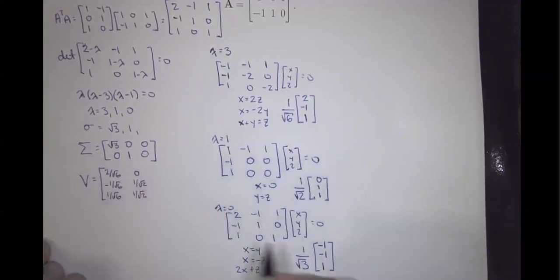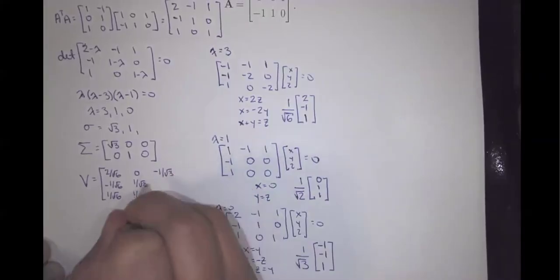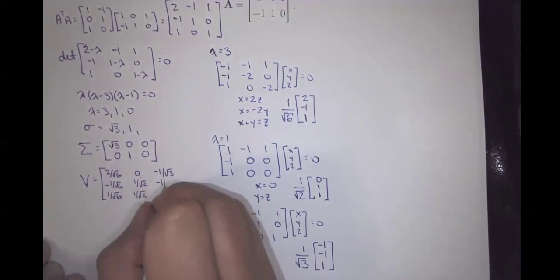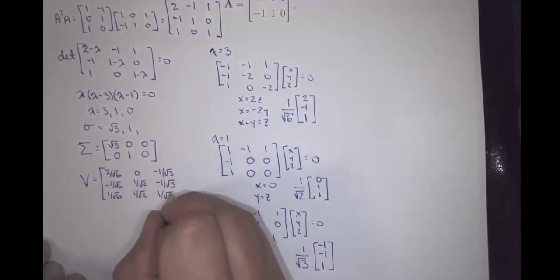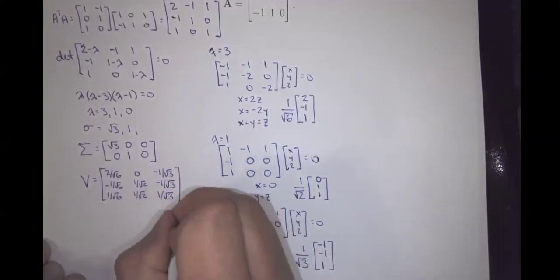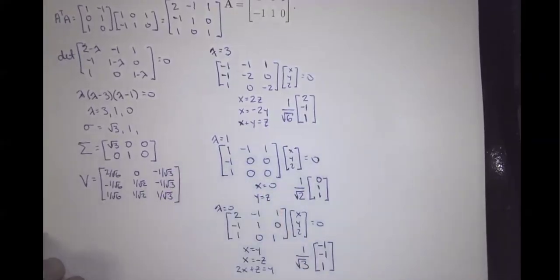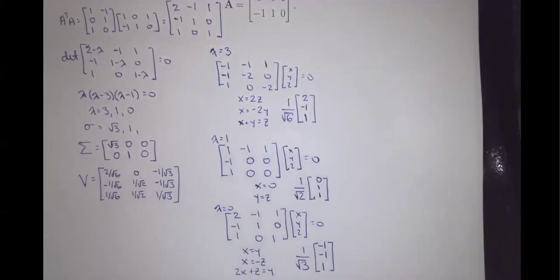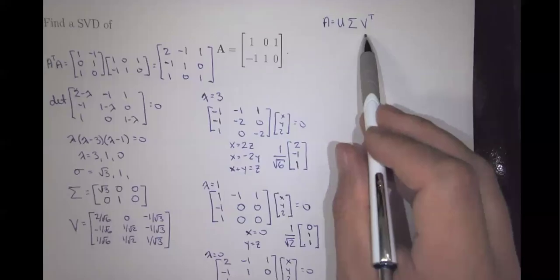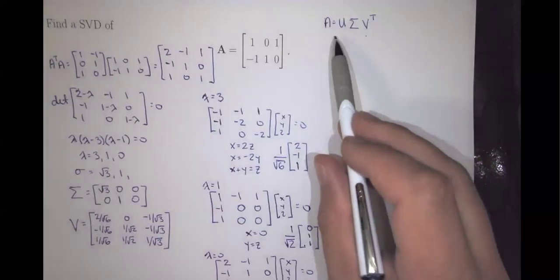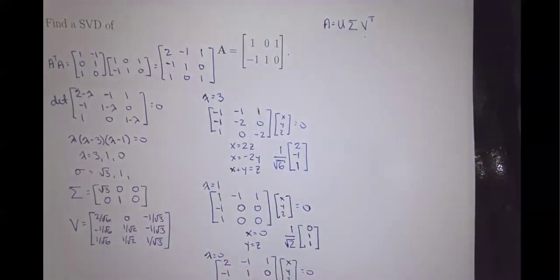And then from vector 3, negative 1 over root 3, negative 1 over root 3, and 1 over root 3. Okay, that gets us our sigma and our V transpose. Now all we have to do is find U.